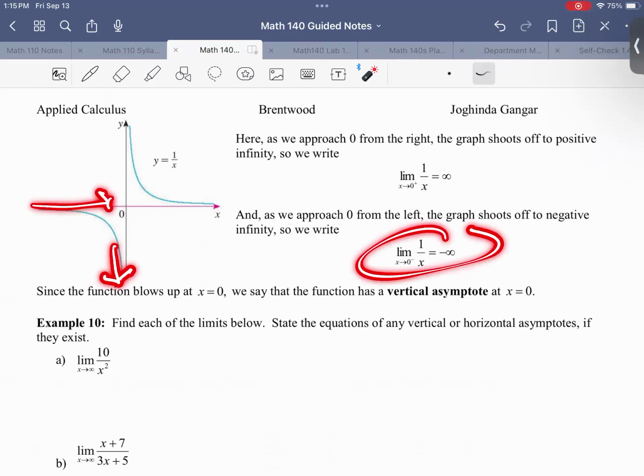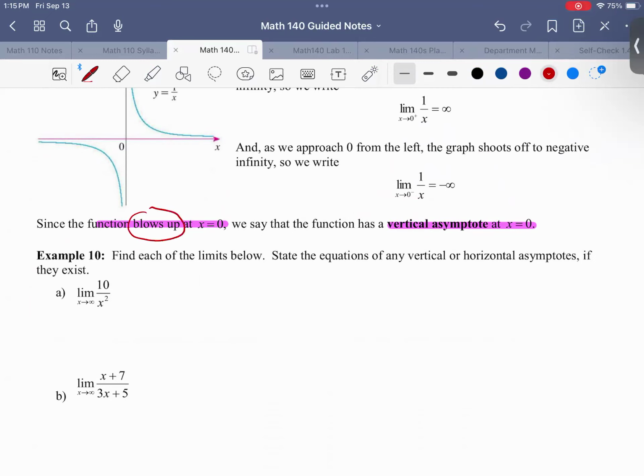Since it blows up at x equals 0, we see that the function has a vertical asymptote at x equals 0. The key word here, the same verbiage you hear me say, is that it blows up, meaning like 0 on the bottom, that denominator, blows up. What x value makes the function blow up, meaning 0 on the bottom, meaning undefined?